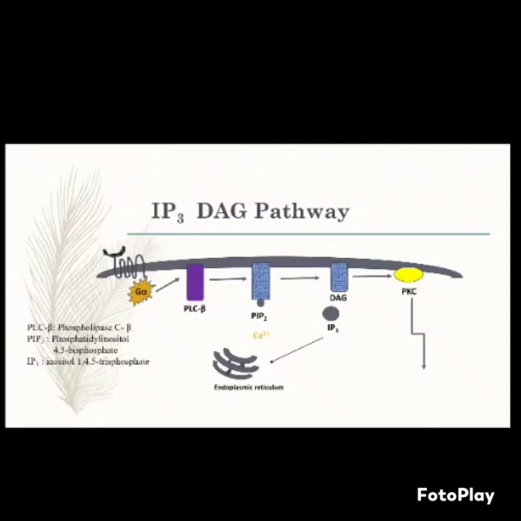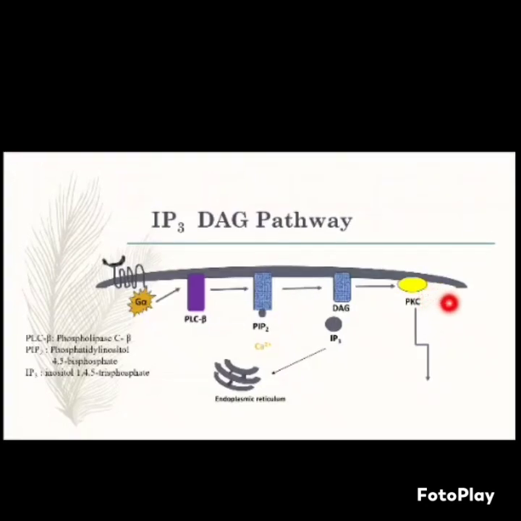Basically, they will phosphorylate the downstream proteins of this pathway. So this is the basic mechanism of this IP3 DAG pathway, or we can say this is the signaling pathway of IP3 DAG.